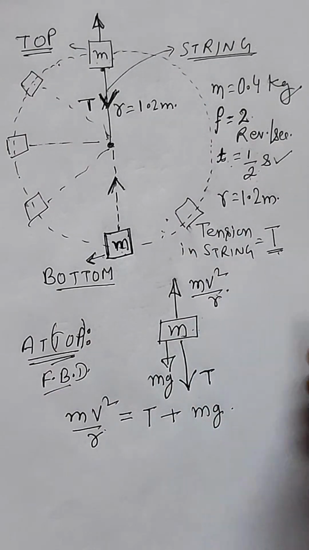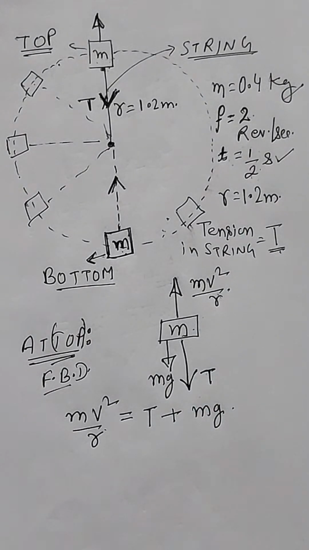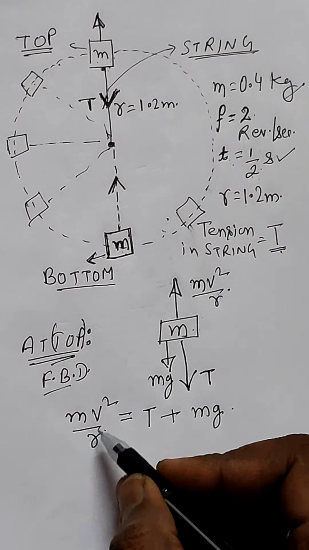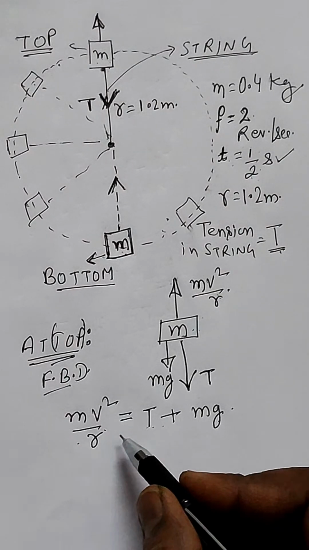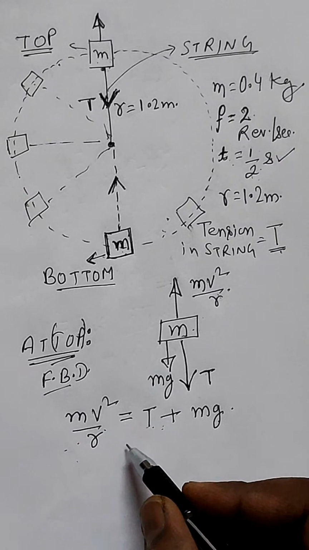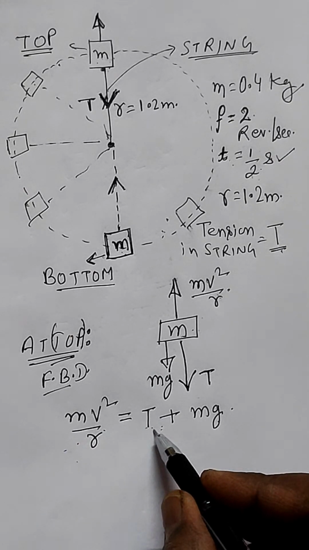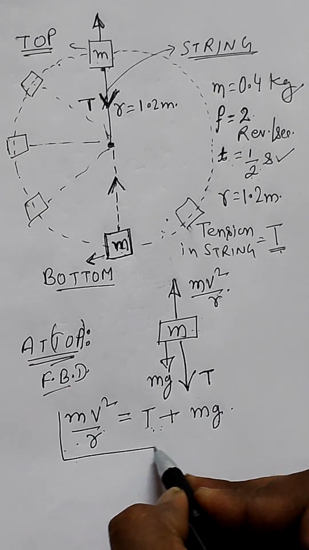That we have assumed. So based upon the free body diagram, mv square by r equal to T plus mg, right? So this is the free body diagram. Based upon the free body diagram, this is the relation which we derived, right? At the top.